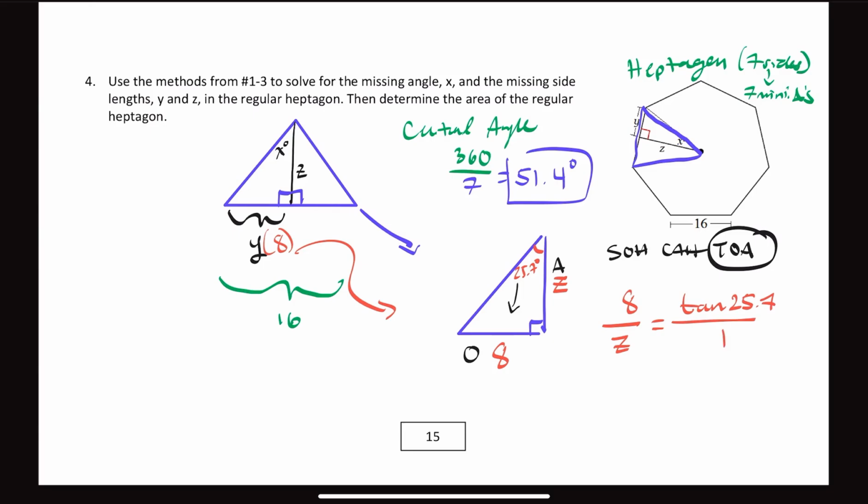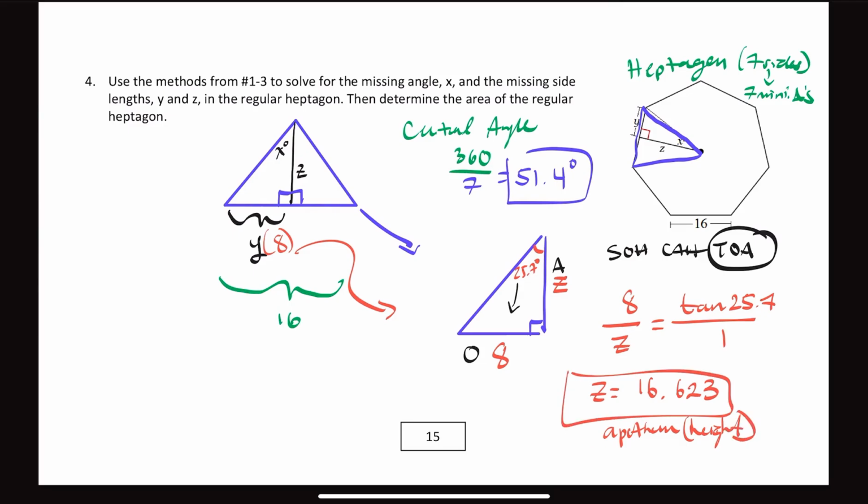And when you solve this through, we're going to take 8 and divide it by tangent 25.7. I'm not going to walk through all that algebra, but it is going to be 8 divided by tangent 25.7. And so Z is going to be 16 point, let's call it 623. I'm going to go to the thousands place there. So that was the apothem, aka the height.